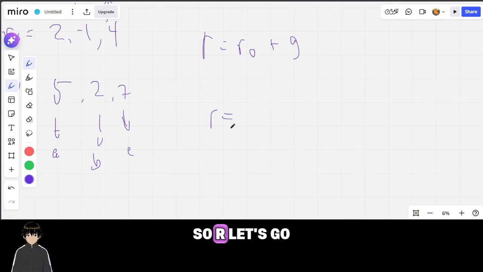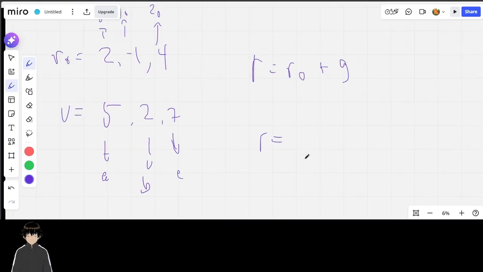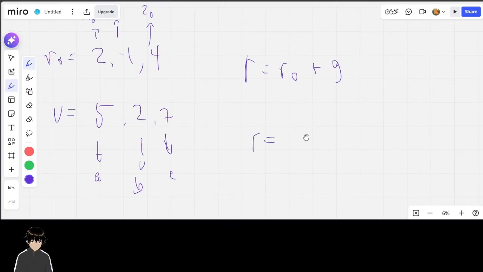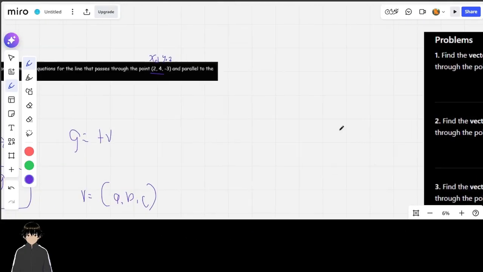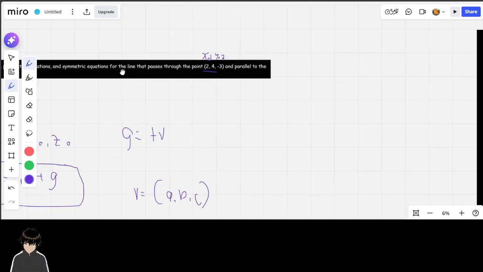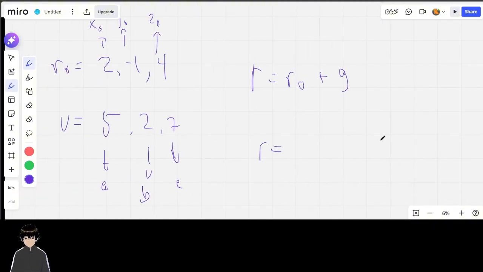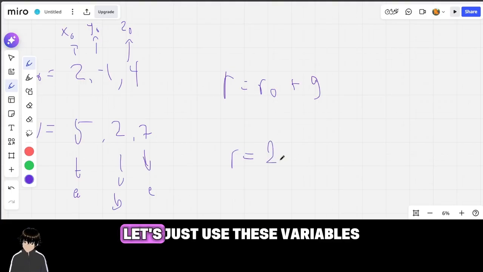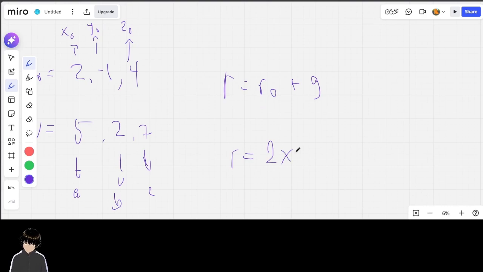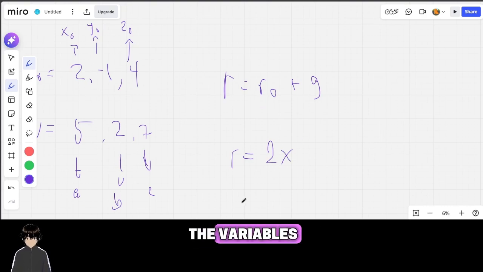Let's just use x, y, z as the variables.